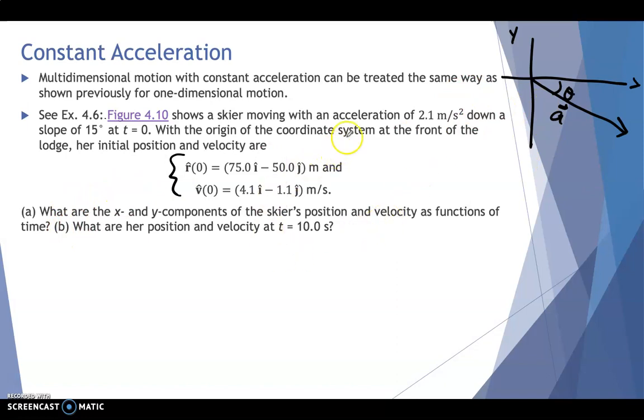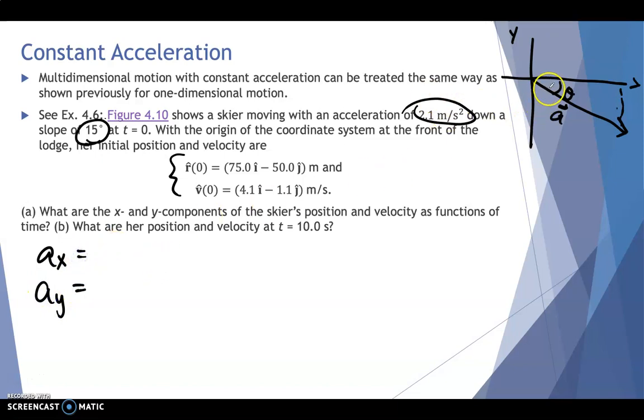So first what we need to do is figure out her acceleration with respect to our x and y components. Okay, so the x and y components of the acceleration. Okay, so we'll need to do some trig again. Okay, so again, this is our acceleration, and this is our theta here. Okay, so we want to find a sub x and a sub y.